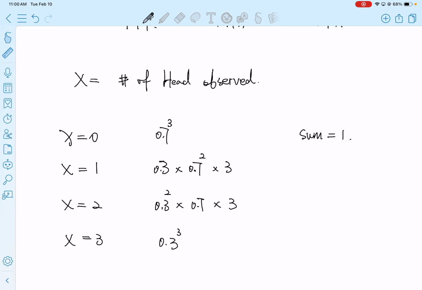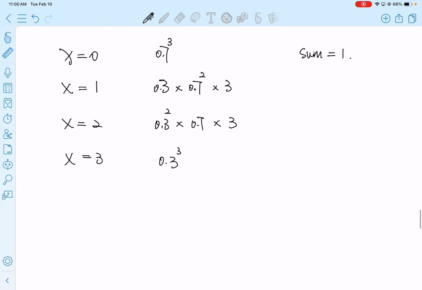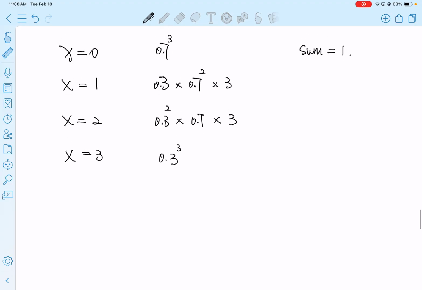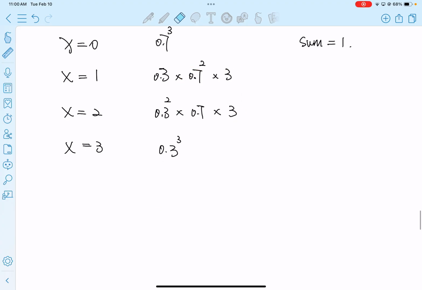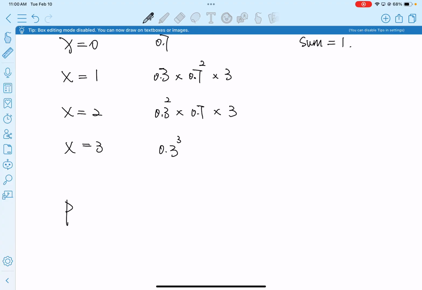Okay, so what we have done here is essentially building a distribution. In this case, it's the binomial distribution. First of all, we need to account for the number of heads and tails that we get in each occasion. So we can write the probability of X equal to k.